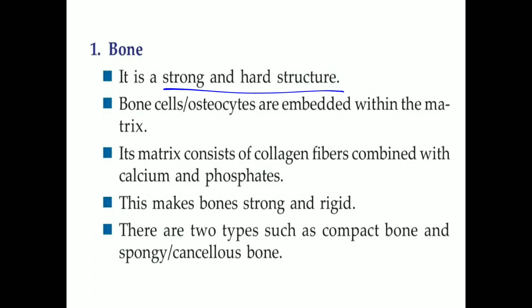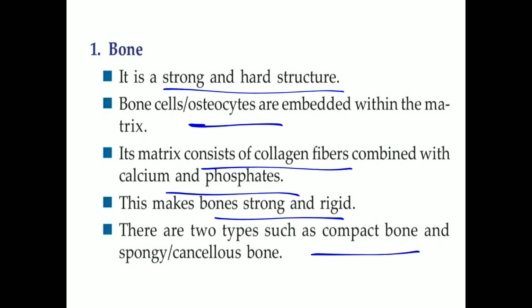Bone is a hard and strong structure. There are bone cells here, osteocytes. The osteocytes are embedded within the matrix, and the matrix consists of collagen fibers combined with calcium and phosphates. They get calcified there, which makes the bone strong and rigid.